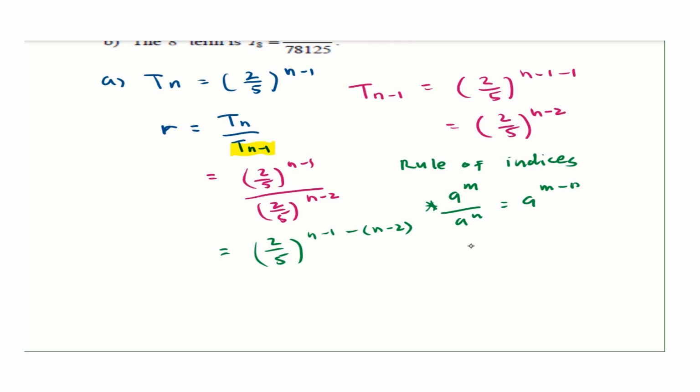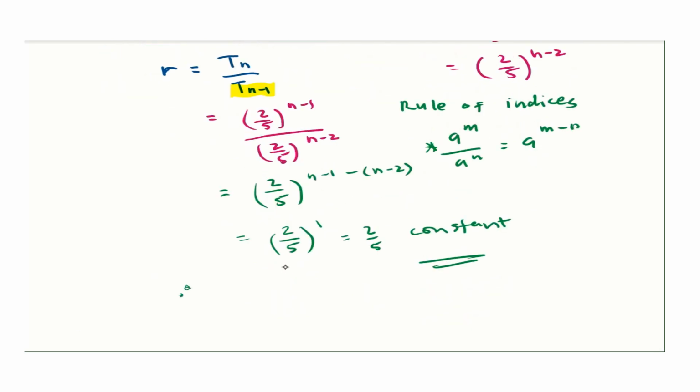So negative 1 plus 2, we get 2 over 5 power 1. So finally we get 2 over 5. So 2 over 5 is actually a constant. So we have shown the common ratio is a constant. Therefore, just write, following the question's sentence, the sequence is geometric with common ratio R is equal to 2 over 5.